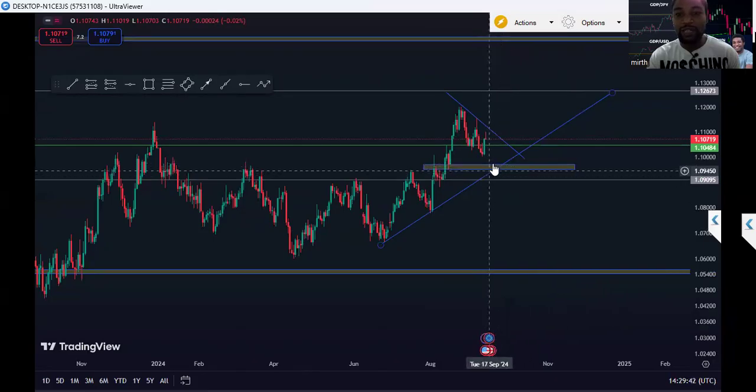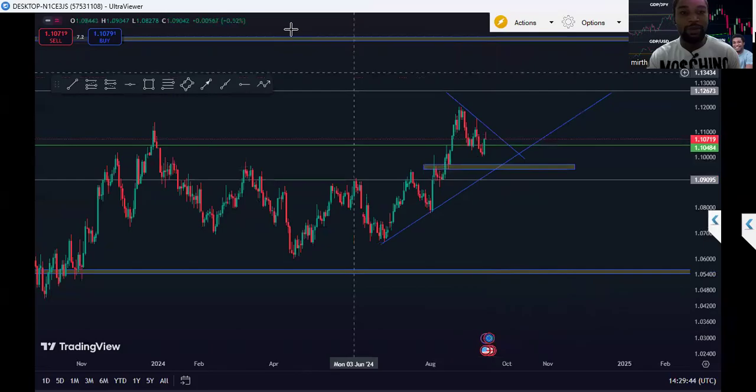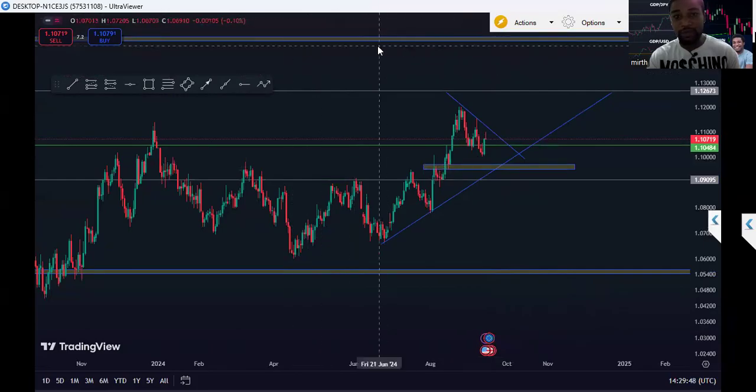If I'm going to look for a selling opportunity back in this area, I'm going to be very careful. I'm still going to come back to my daily time frame for entrance. Entrance is one of the most important things in the market.